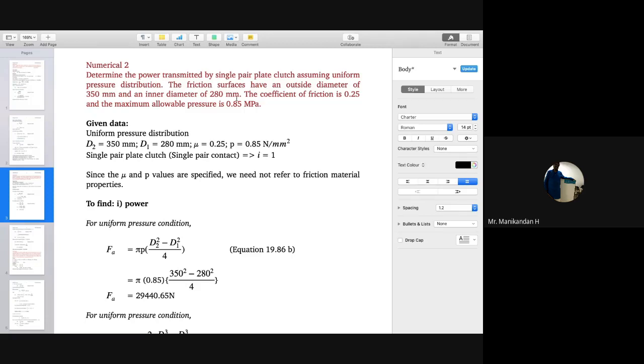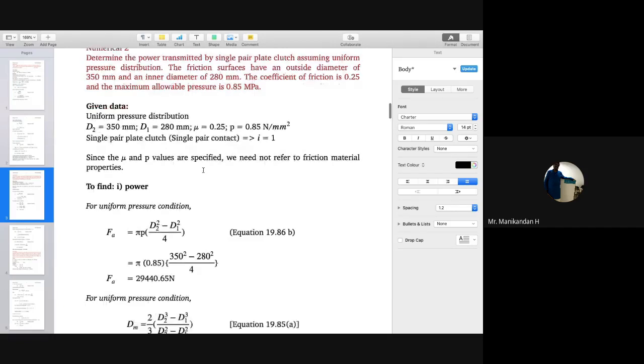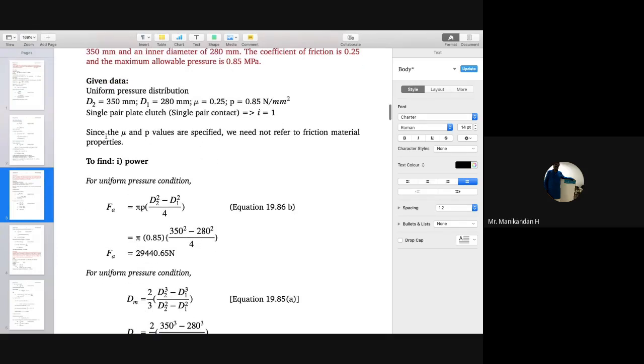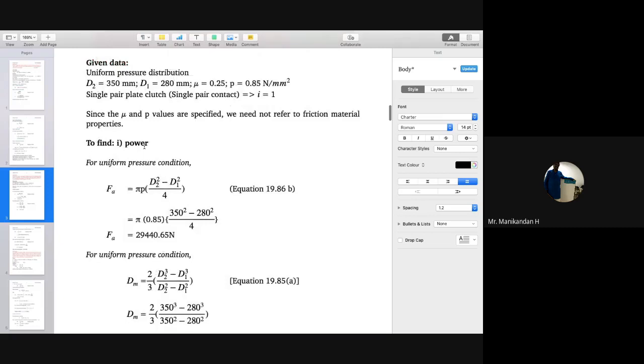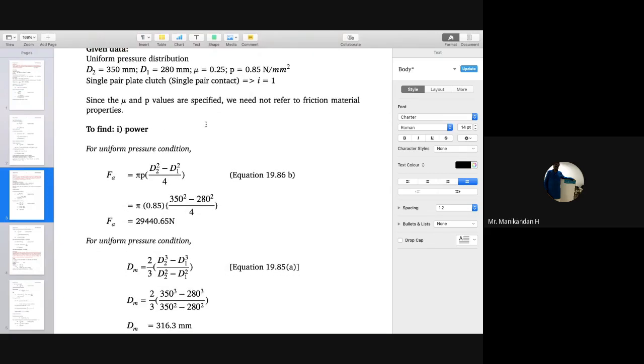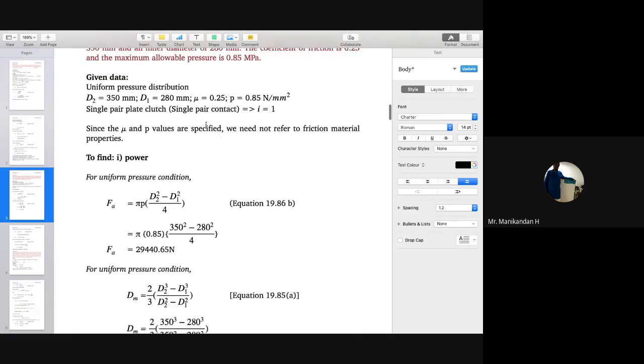They stated single pair plate clutch, so obviously we can take i is equal to 1. That's why I stated here, since mu and P values are specified, we need not refer to the friction material. Now to find power, they told us to assume uniform pressure condition.